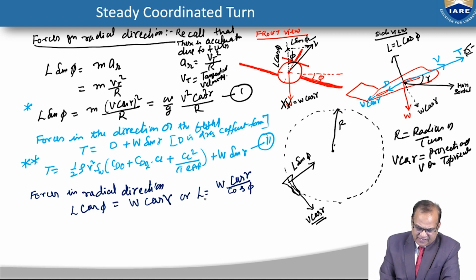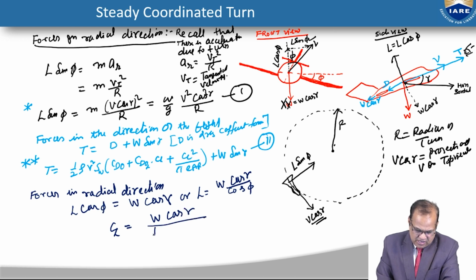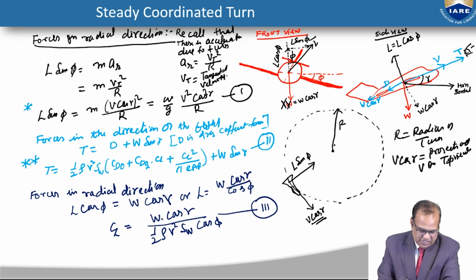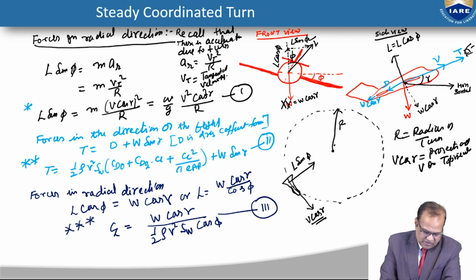So we can write this L in the form of CL, that is CL is equal to W cos of gamma divided by half rho v square S W cos of phi. This is equation number 3, and I can write this as star number 3.